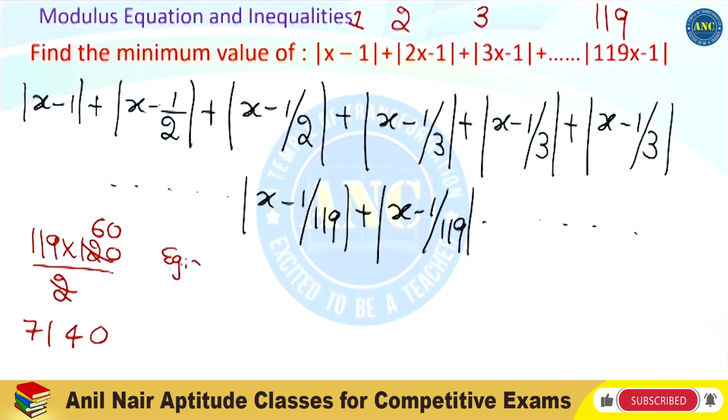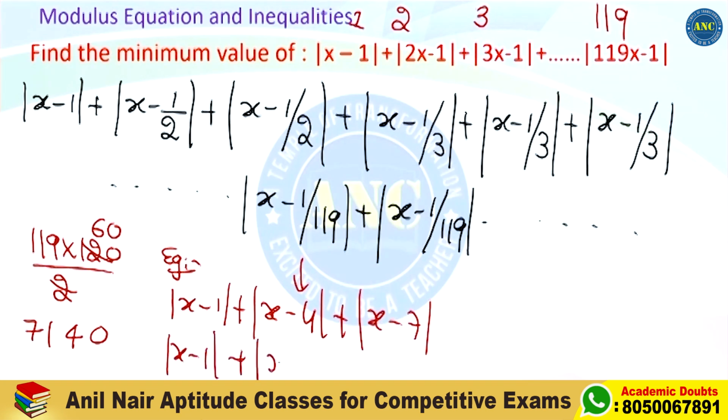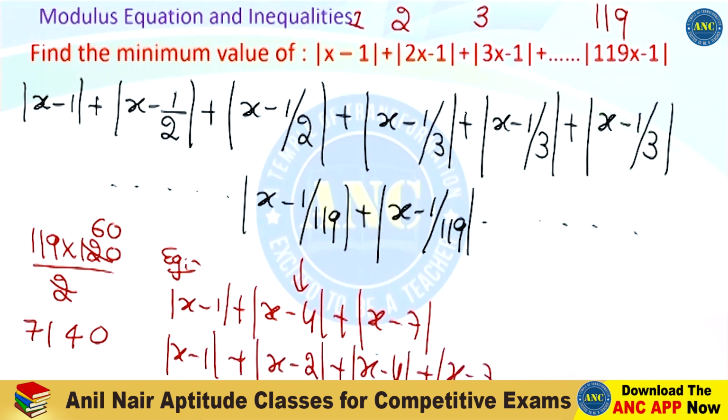Suppose three terms are written, the minimum value will be at the middle value, which is x equal to 4. If four terms, or an even number of terms, are written, like mod x minus 2 and mod x minus 4, then I will get a range.